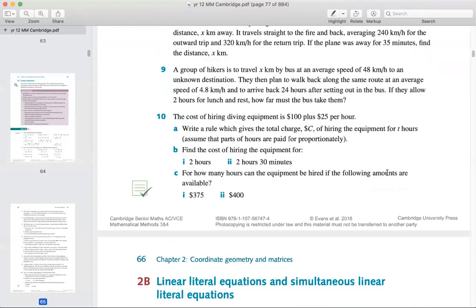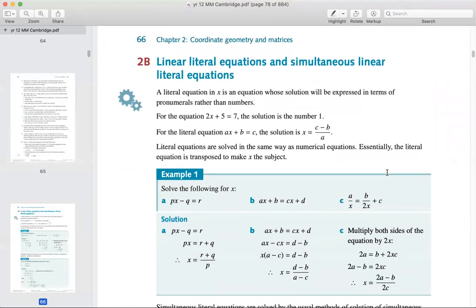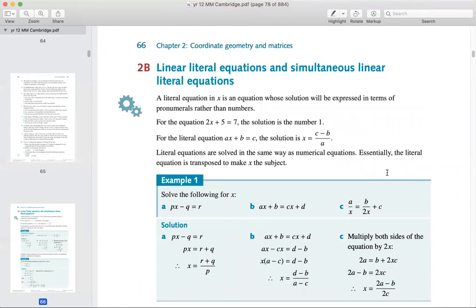Okay, the next one is pretty important, because I want to emphasize one word here: literal. Literal basically means the letters, like A, B, C, D until Z or whatever. So basically it is a constant, but we don't know its exact value.